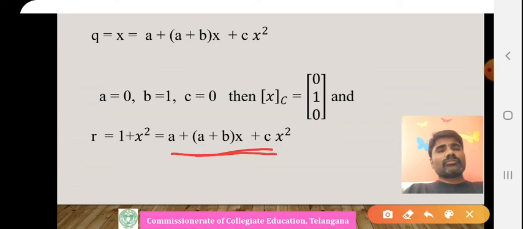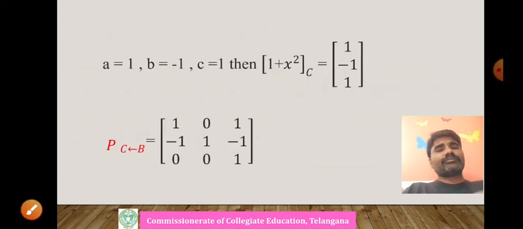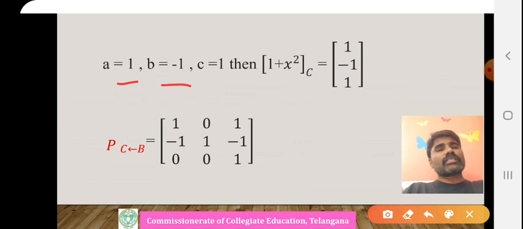The constant term is 1 on the left hand side, and that's why a equals 1, and the x square term c also equals 1, and a plus b is 0. That's why a is minus b, or b is minus a. That's why b equals minus 1. Therefore by equating the coefficients on both sides, we get a equals 1, b equals minus 1, and c equals 1.